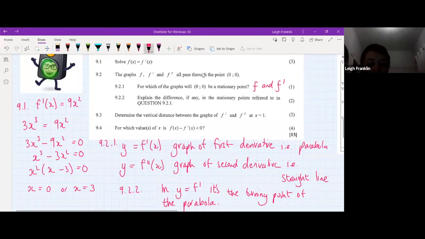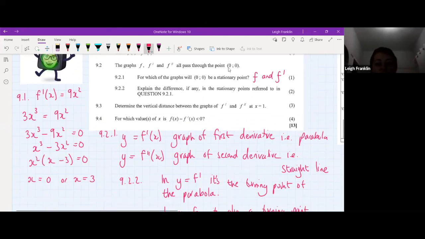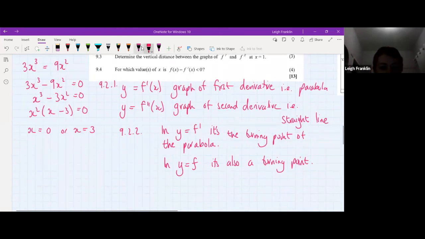So, such weird questions. 9.3, determine the vertical distance between the graphs of f prime and f double prime at x equals 1. All right, so now if we want to determine the vertical distance of a line, remember, let me just draw a vertical line here for you.